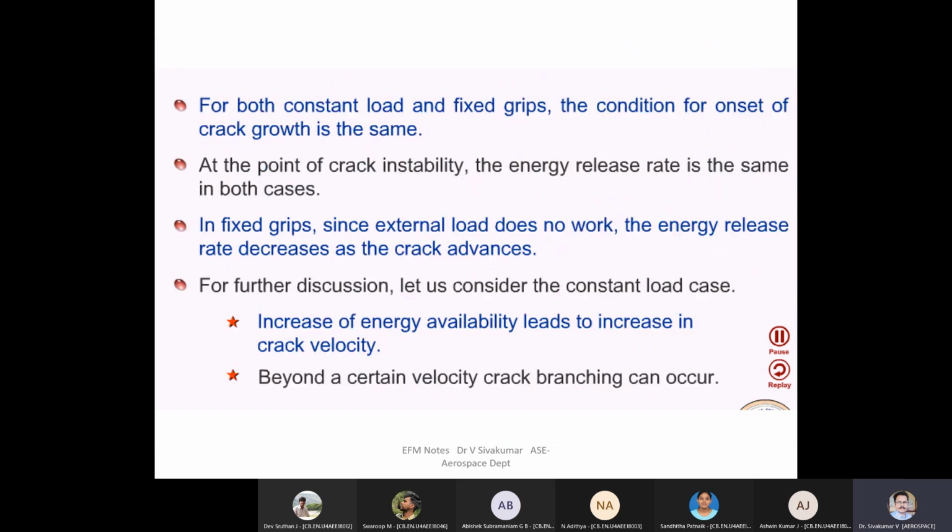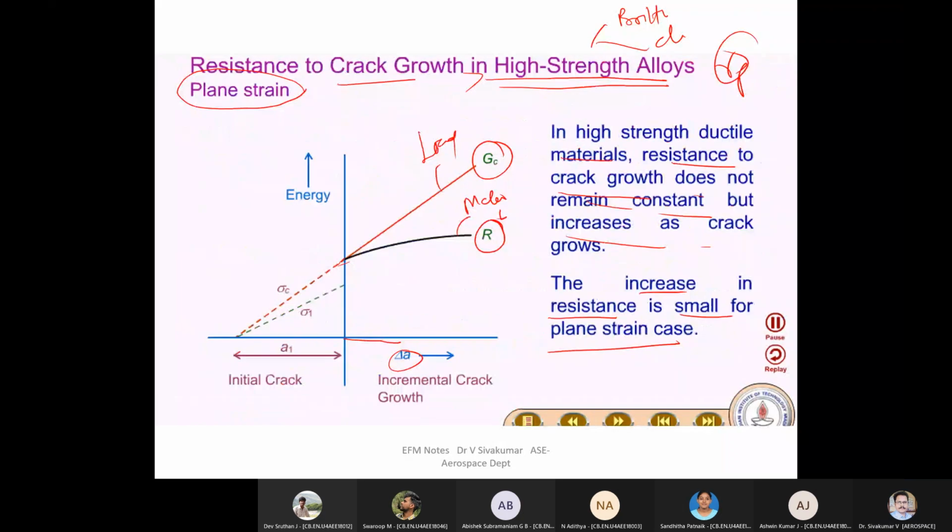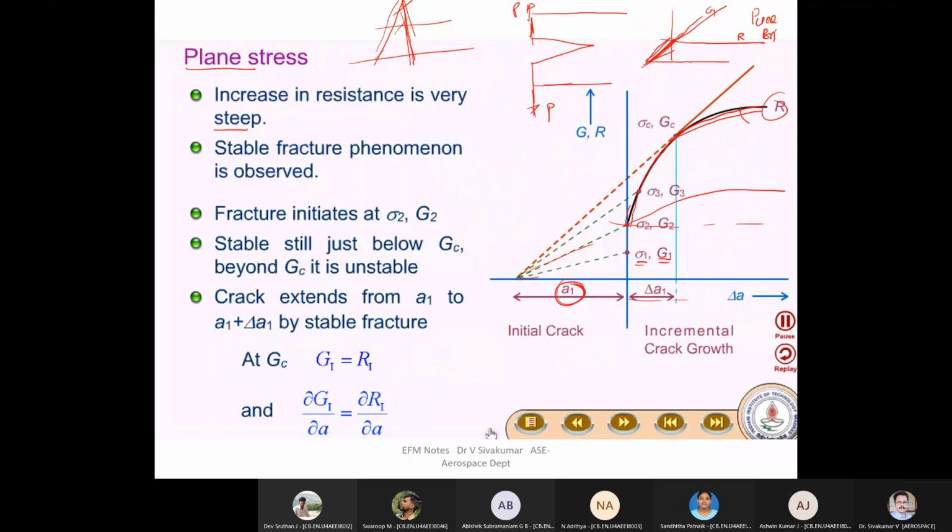But on the other hand, when you talk about high strength alloys, the R is growing something like this. For every sigma, I am getting a different R. This is not correct.